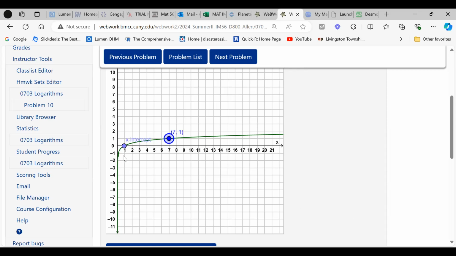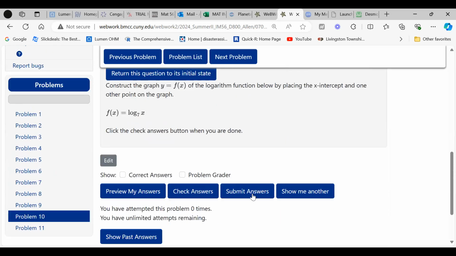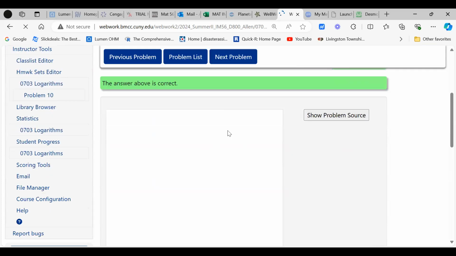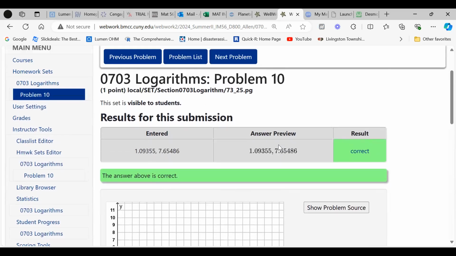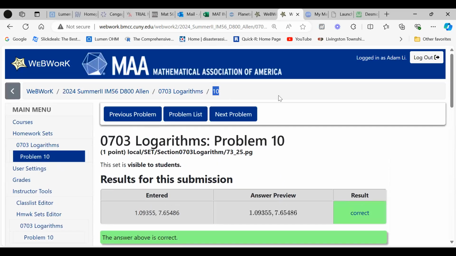Well, x-intercept is where y equals 0, so 1, 0. So you submit the answers, you get it right. Any question about this? All right, so that's graphing of the logarithm. Using technology is so much easier, but you should also learn how to graph by hand.